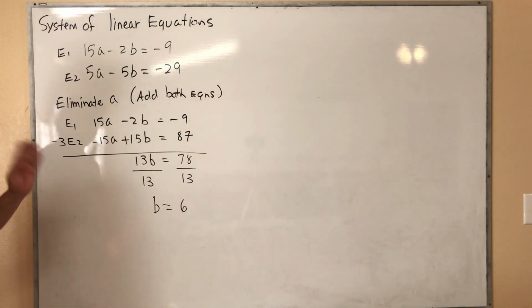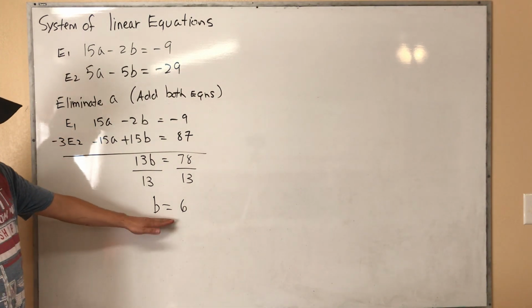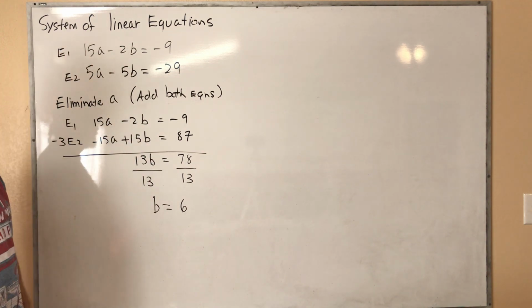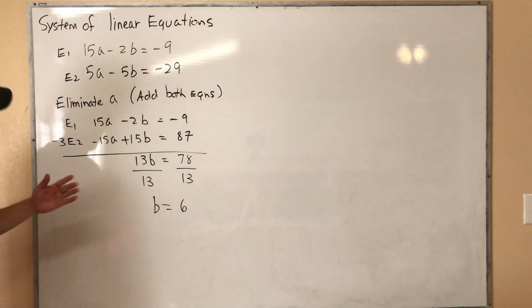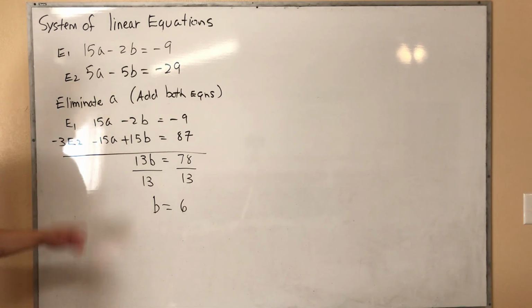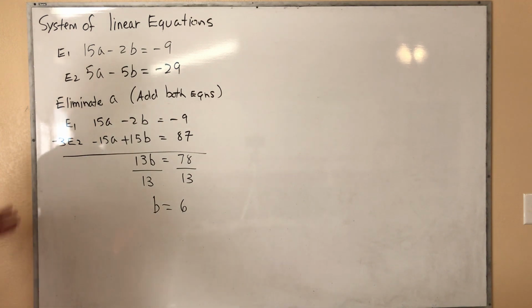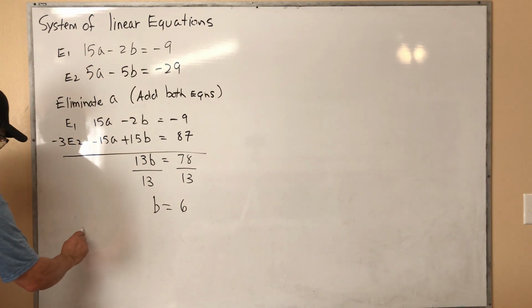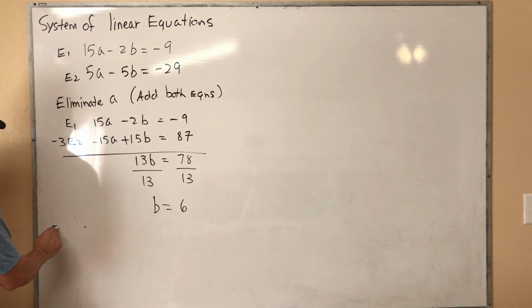All right, now I can take this b and plug it into one of them, and I'll get a. You can do that. All right, let's do that, just for you guys. So watch this. I'm gonna plug it into this one, equation 2.